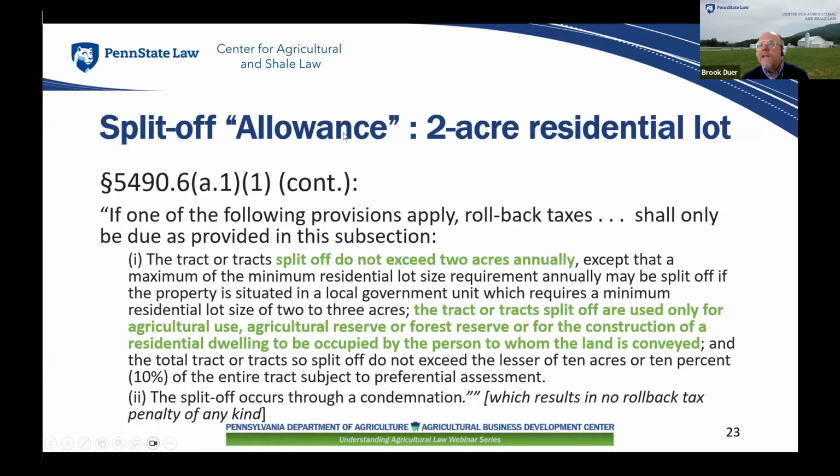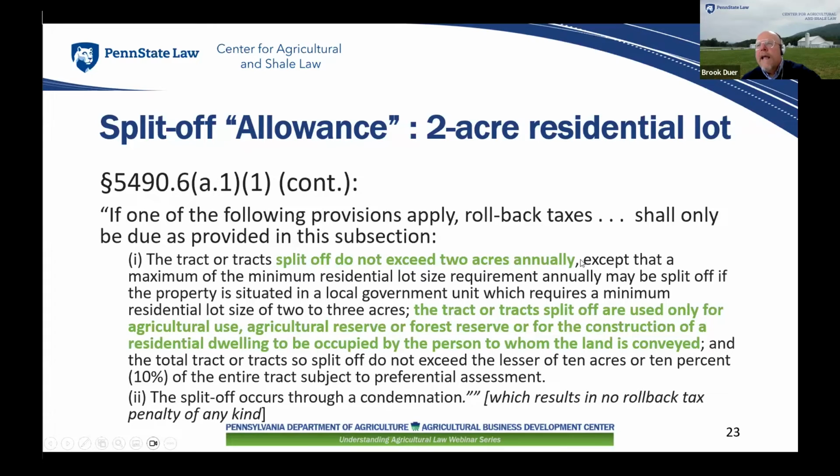So you get this 2-acre residential lot allowance. Now, what you get is a rollback on the 2 acres, not on the whole thing that you enrolled together. So you're getting a break for these little pieces. And I got a nice photo that shows you exactly why all this works and how much you see it everywhere. You just never knew what you were looking at. Now there is an exception.